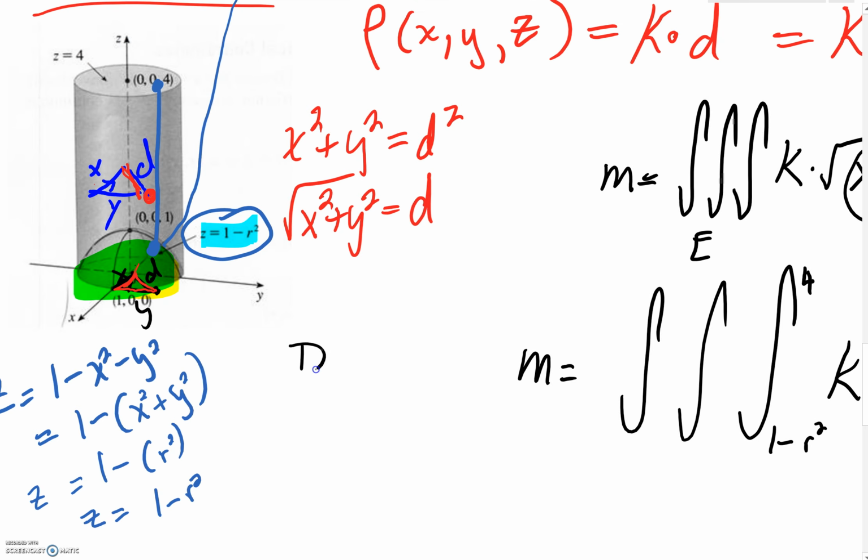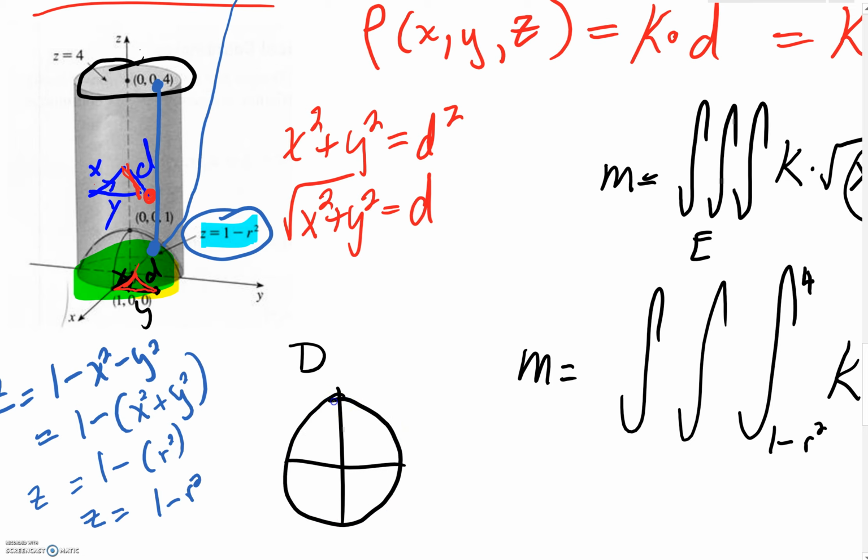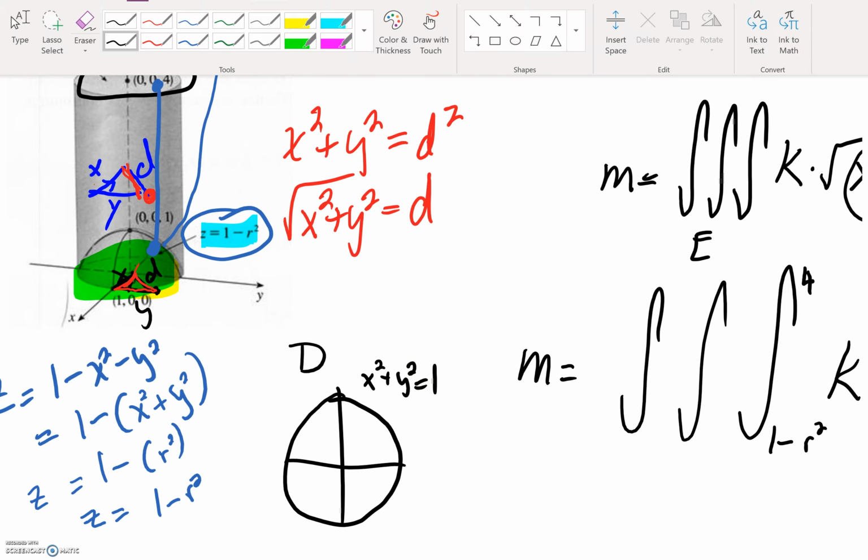I think that's a good thing to keep doing. You can see it's going to be a circle, and we already knew it would have to have a radius of 1 from that cylinder that we had. So we have x squared plus y squared equals 1.